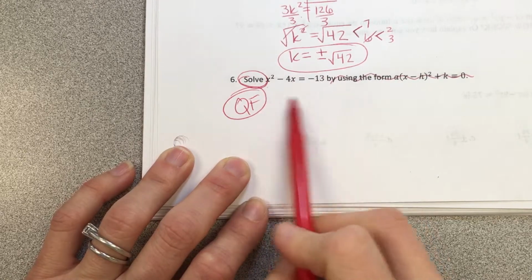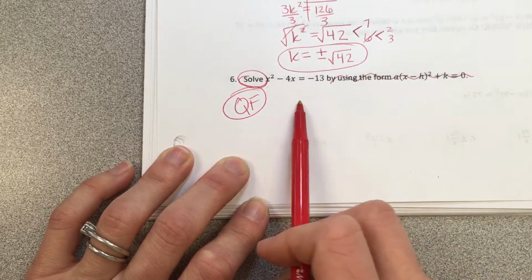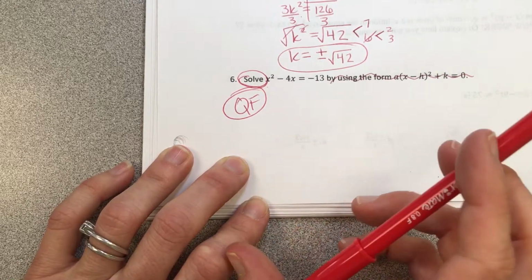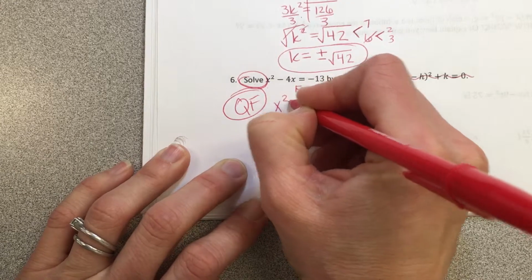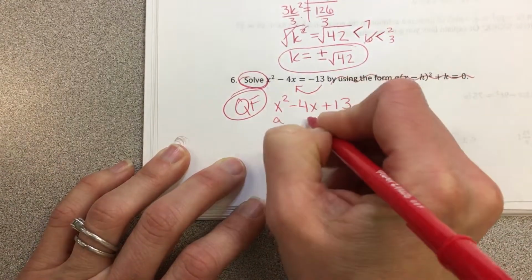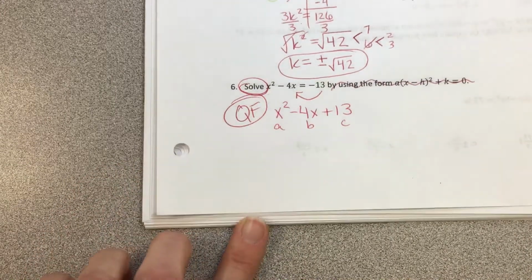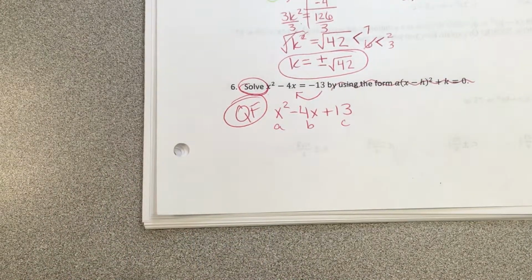When you're doing the quadratic formula, what do I move? The negative 13. It all has to be on the same side: x squared minus 4x plus 13. That's because you have to be able to do the A, B, and C. Lots of you are steps ahead of me, which is great.